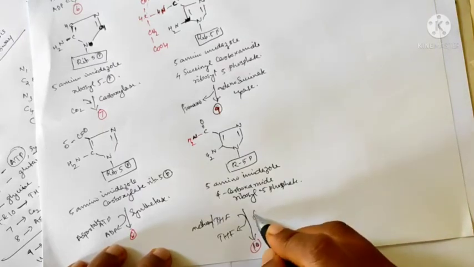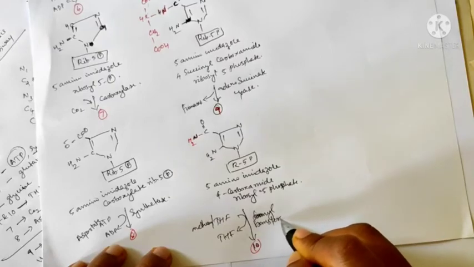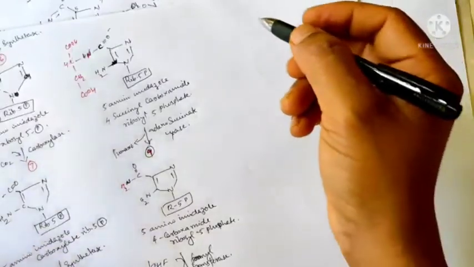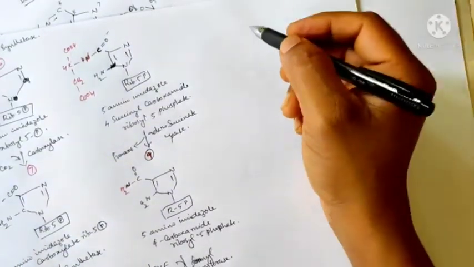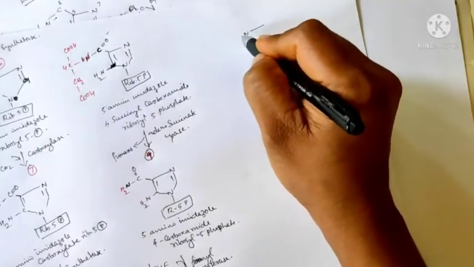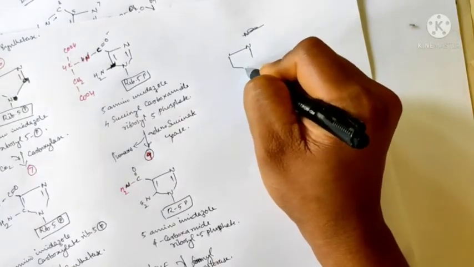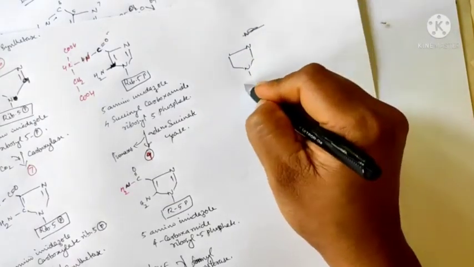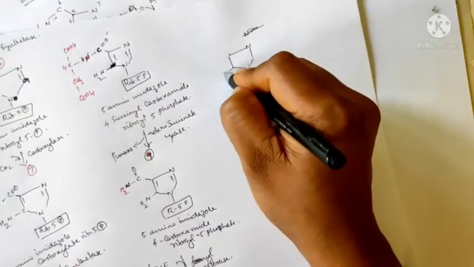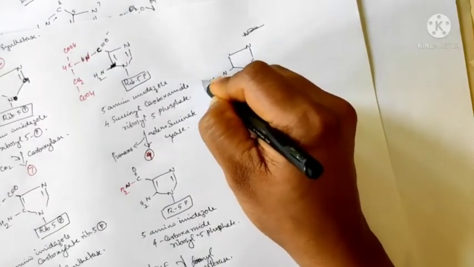The enzyme is formyl transferase. In ribose 5-phosphate, NHCOH.